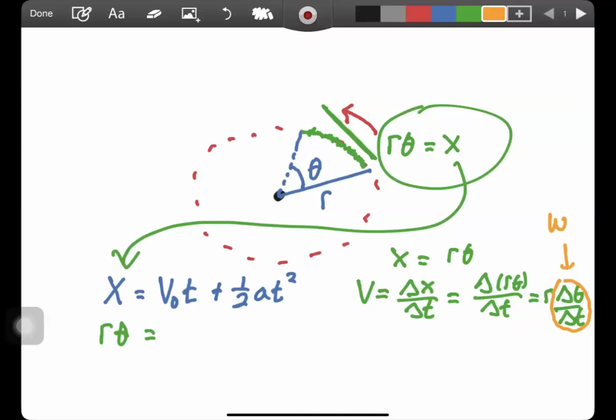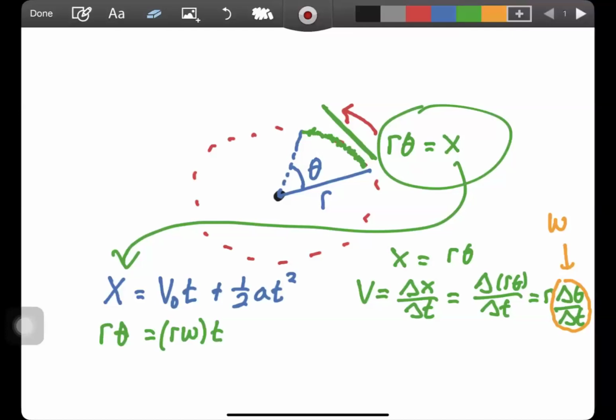So omega is the angular velocity. And so let's go back to our linear equation. We can make the substitution that the velocity in the linear sense is equal to r times omega in the rotational sense, multiplied by t.